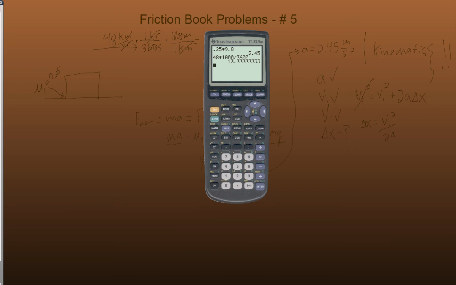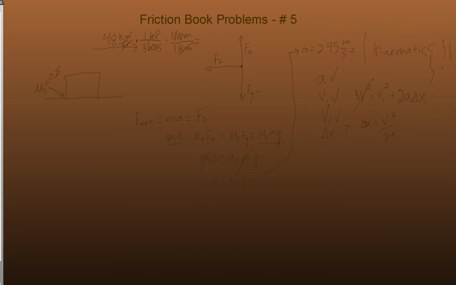Alright, so 13.3, excuse me, delta x equals 13.3 repeating squared over 2 times acceleration, which is up here, 2.45. 2 times 2.45, can't win.